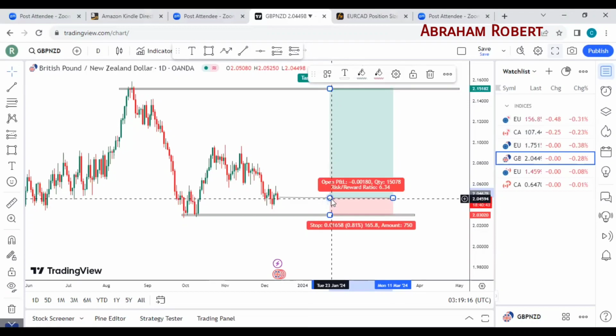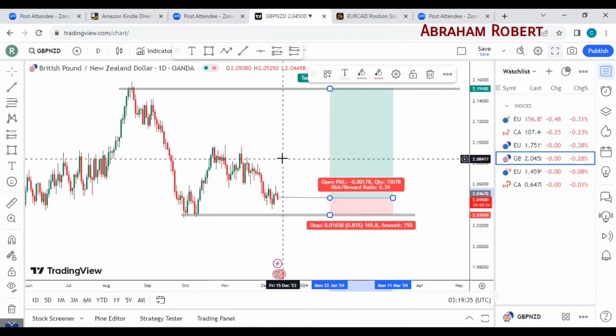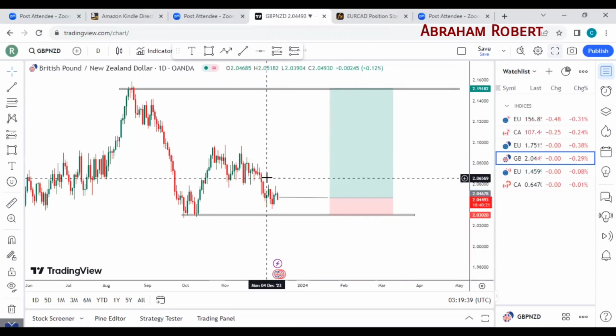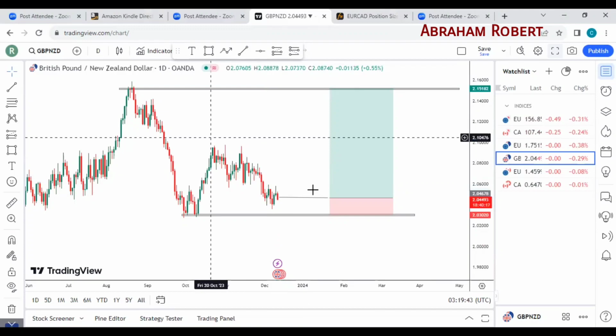We are just assuming. I didn't do any analysis to know if it's a buy or sell market, but we're not talking about entry here. We're talking about how to calculate position size. So for the sake of this lecture, let's stick to it being a bullish market.